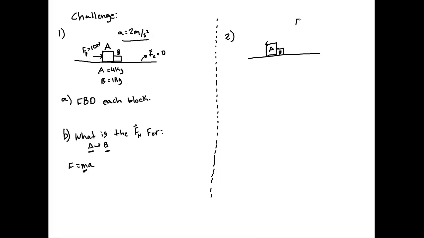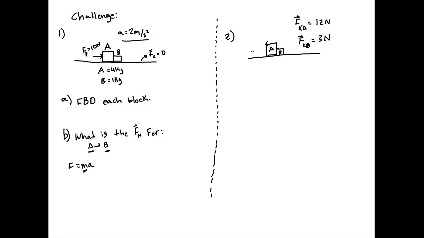The force due to friction on block A, okay, is 12 newtons. The force due to friction on block B is 3 newtons.